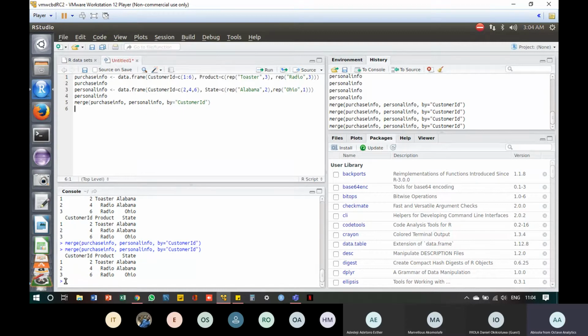So what I'm going to do now is let us see this thing in the source. So let me do view purchase info.